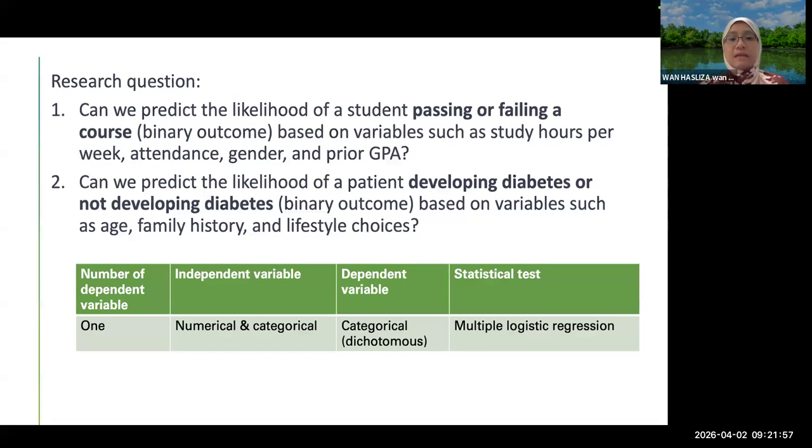So in this case, you know already, this is categorical, and I only have two groups, and then my independent is more than one. I have age, which is numerical, family history, which is categorical, and lifestyle choice, which should be categorical. So it means that the suitable statistical test is multiple logistic regression.